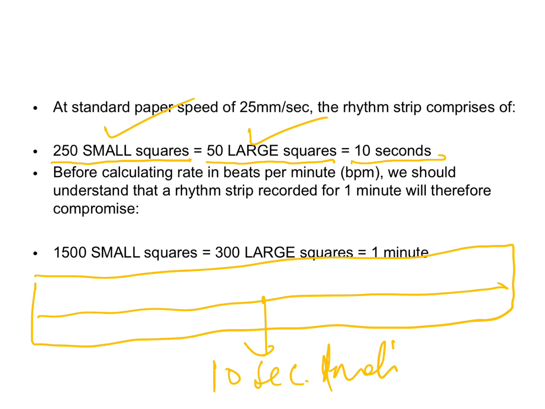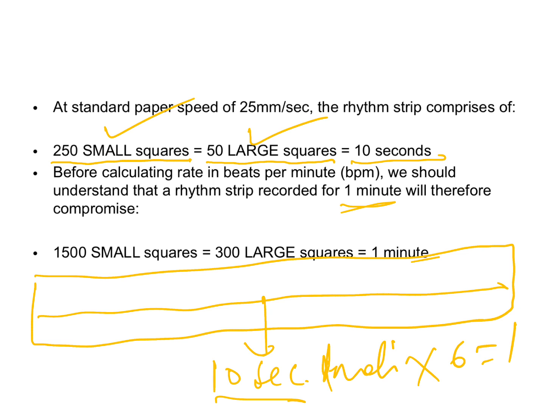Okay. Before calculating the rate in beats per minute, we should understand that the rhythm strip is recorded for 10 seconds, but we calculate the heart rate as beats per minute. So, we have to multiply it by 6 to get 1 minute.